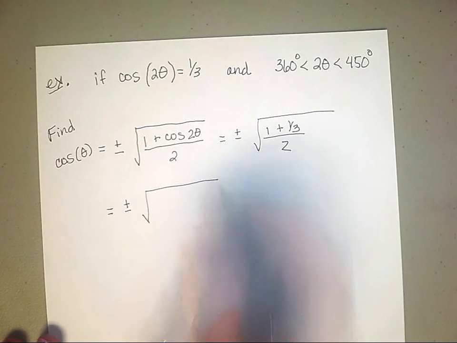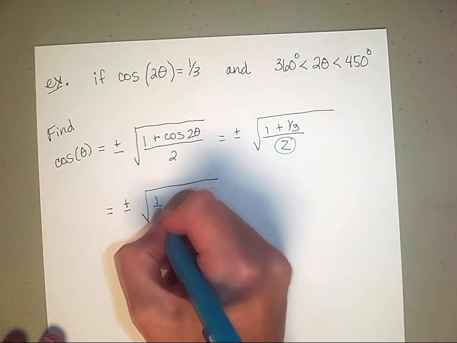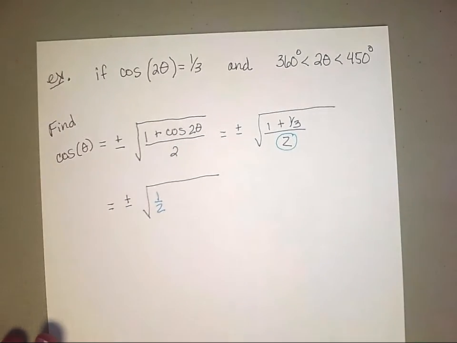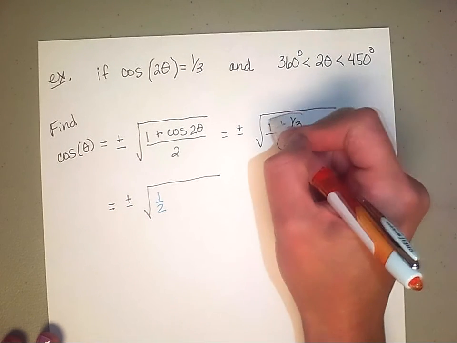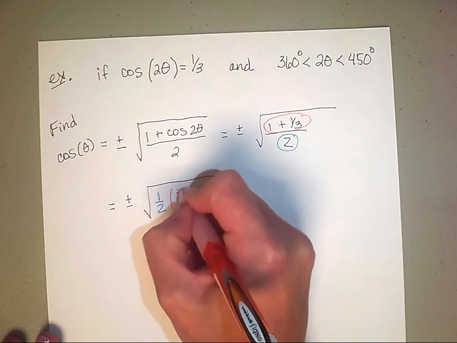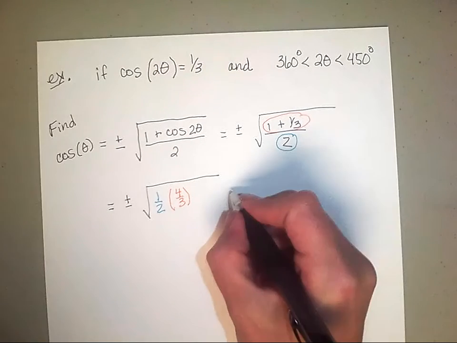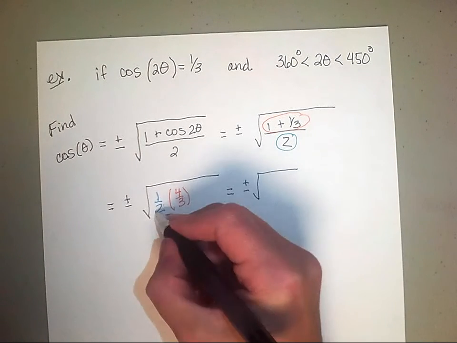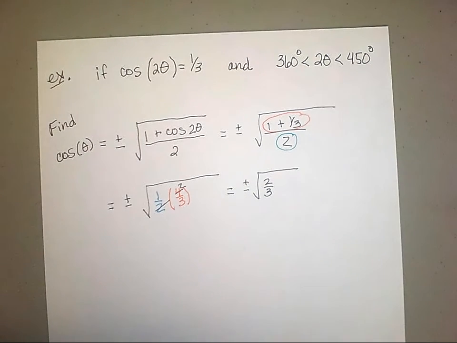Now remember, dividing by 2 is the same thing as multiplying by a half. And then up top, 1 plus 1/3 is 4/3. And now we can cancel here. This is plus or minus the square root of 2/3.